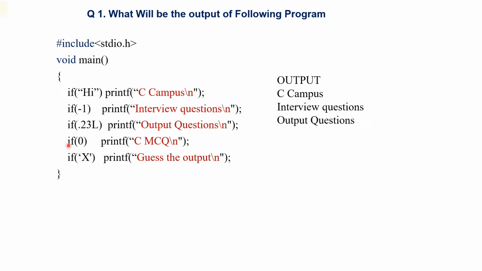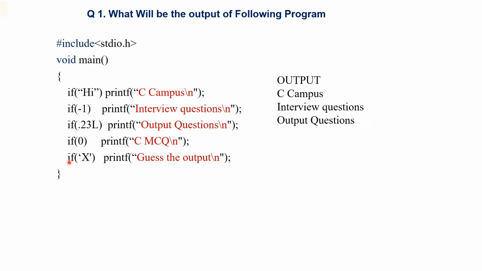Consider the next if statement where in the brackets there is 0, and 0 is considered a false value. Hence this condition is false, so the next statement will not be executed and control will go to the next statement.